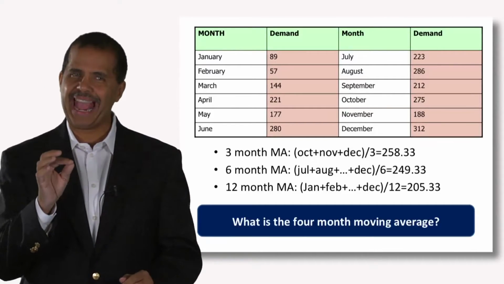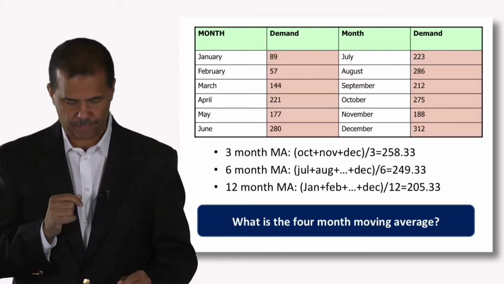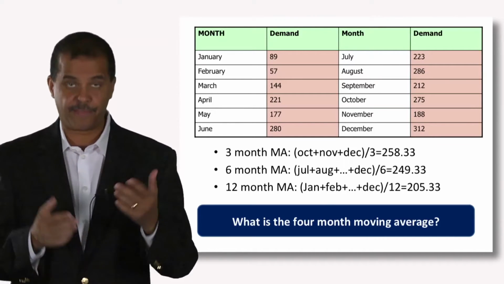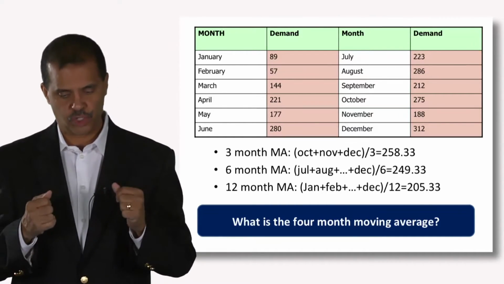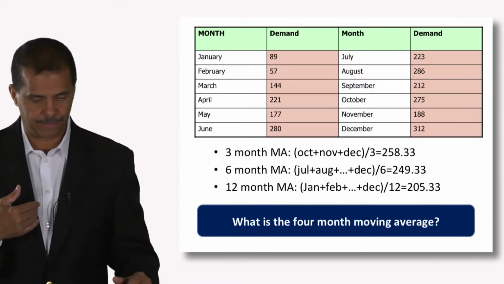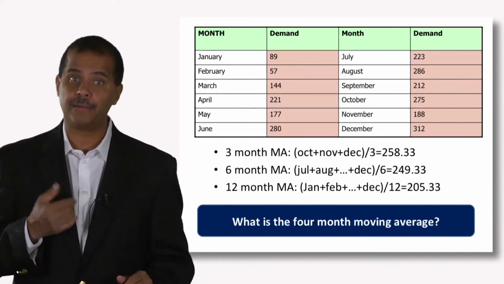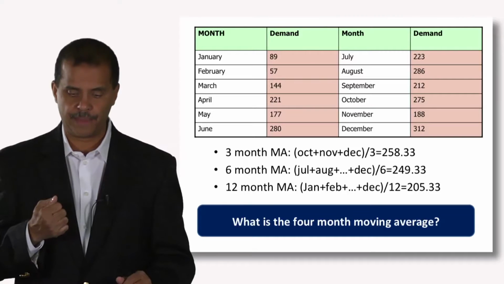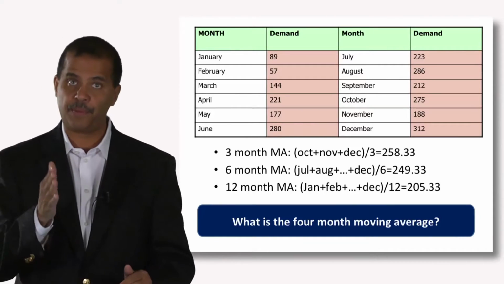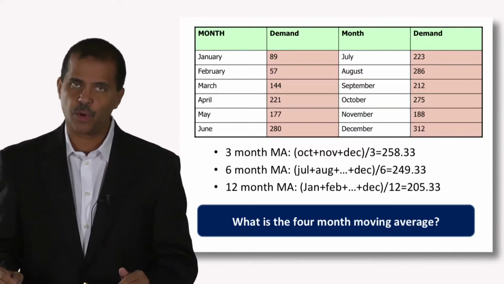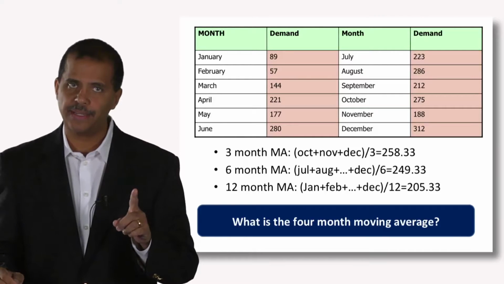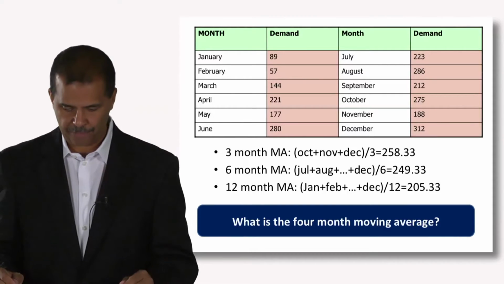Now let's look at how you actually calculate a moving average. Here we have the month, January through June, and the demand: in January it's 89, and in June it is 280. If you flip over, we still have the month and the demand. How would you calculate the 3-month moving average?